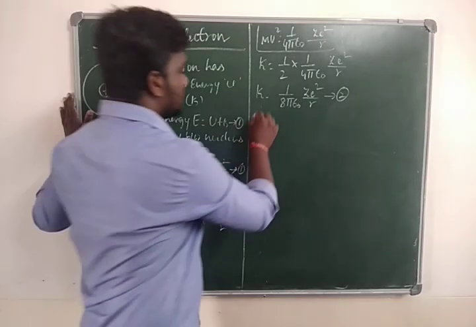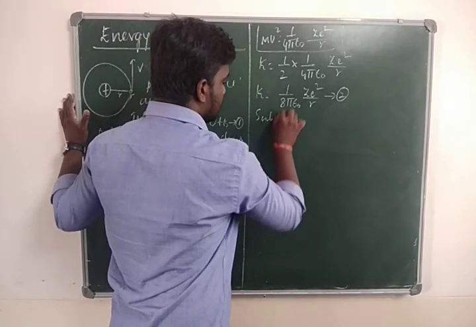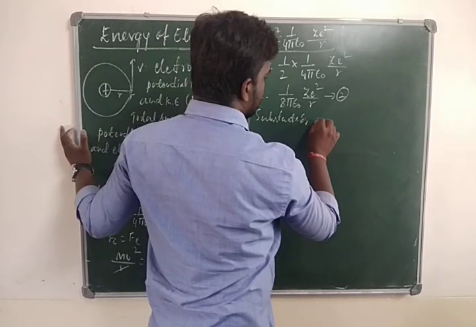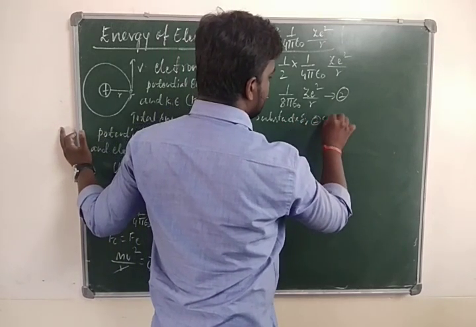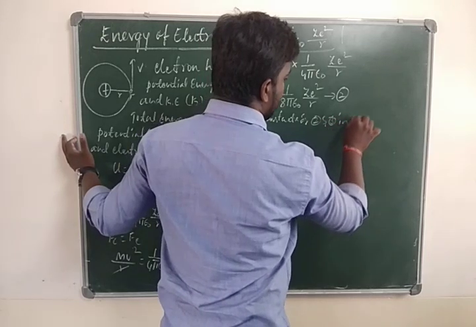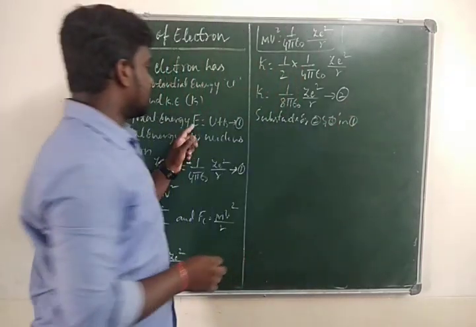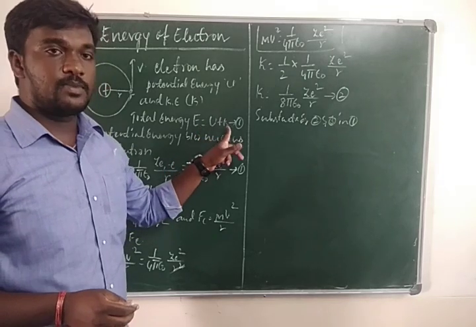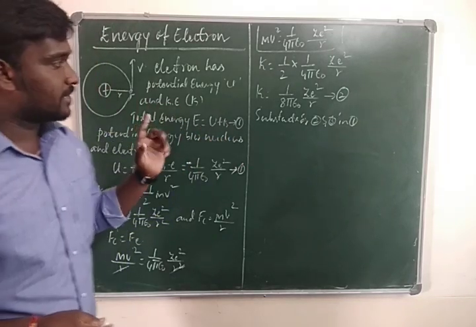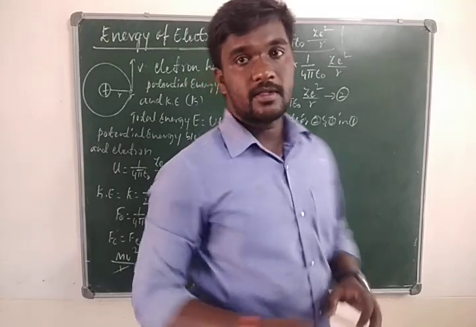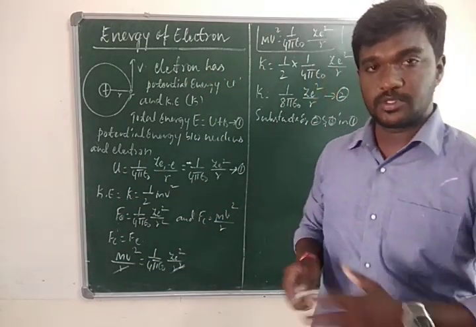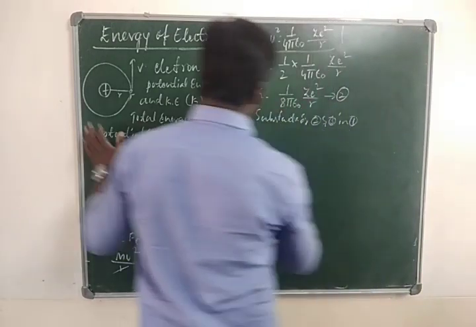Next, substitute equations 2 and 3 in 1. What is equation 1? Energy is equal to potential energy plus kinetic energy. Already we got the values of potential energy and kinetic energy, so substitute them in this equation.